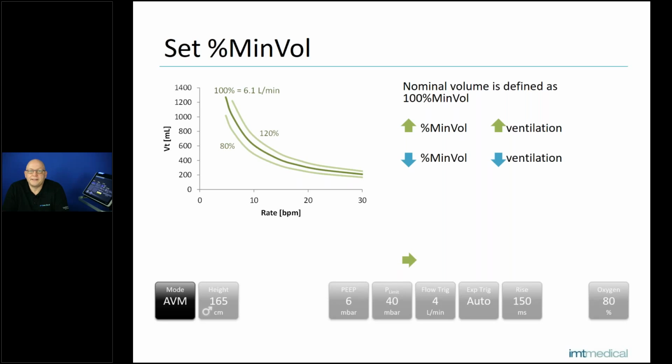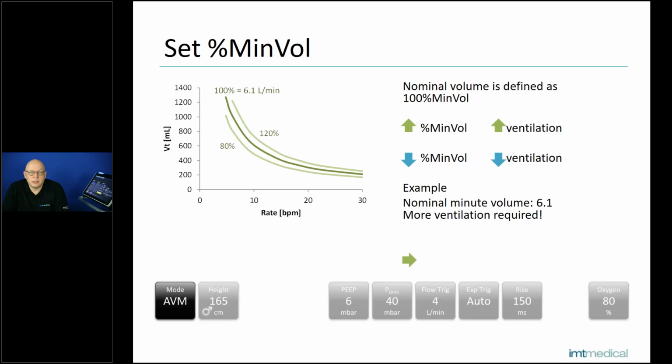Or I decrease the minute volume when a patient has hypothermia or a low CO2. Or I will start my weaning course and just want to make the patient a bit more starved of minute volume to stimulate him to start his own spontaneous breathing.